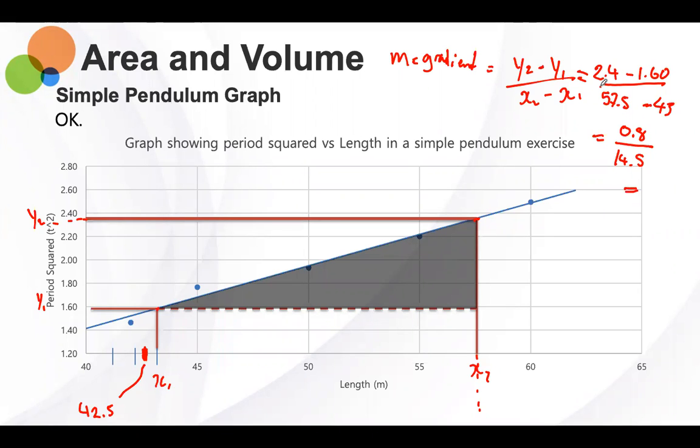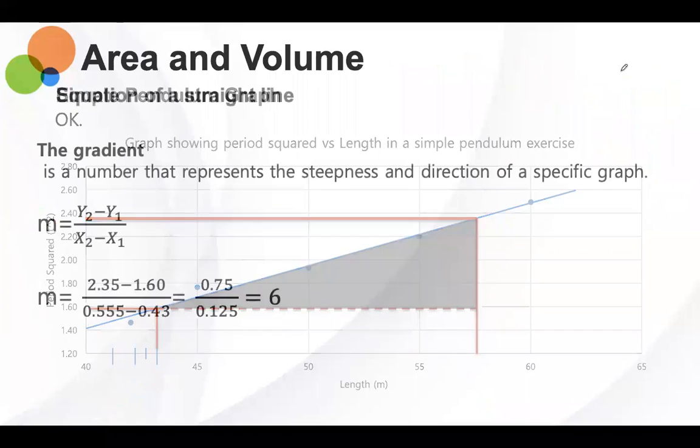What a long number. We just want the first few digits. So we have 0.055. This is our final answer.